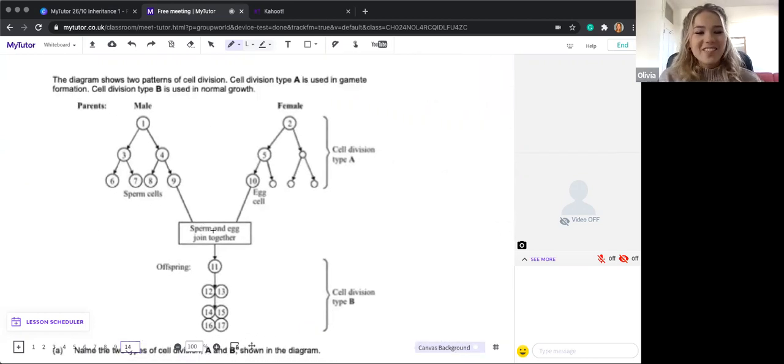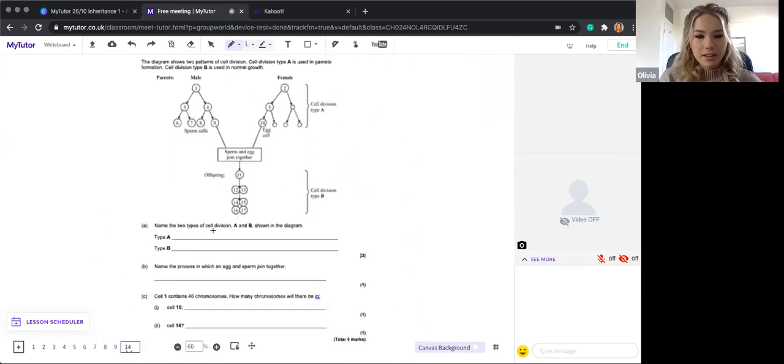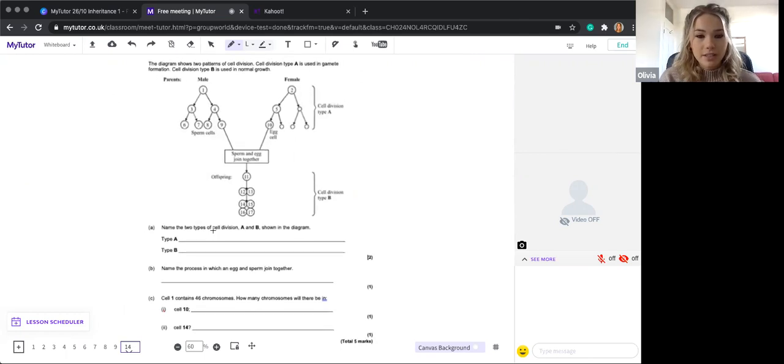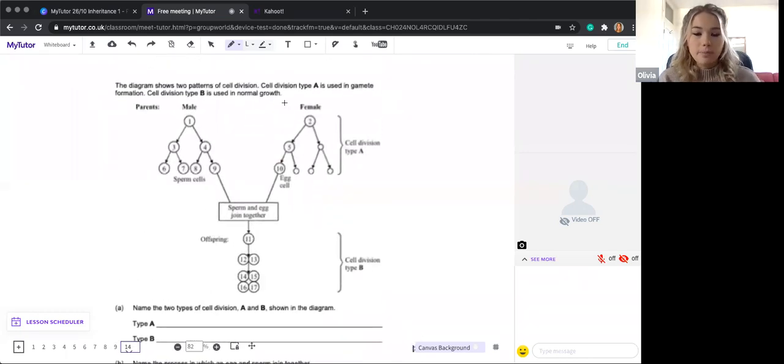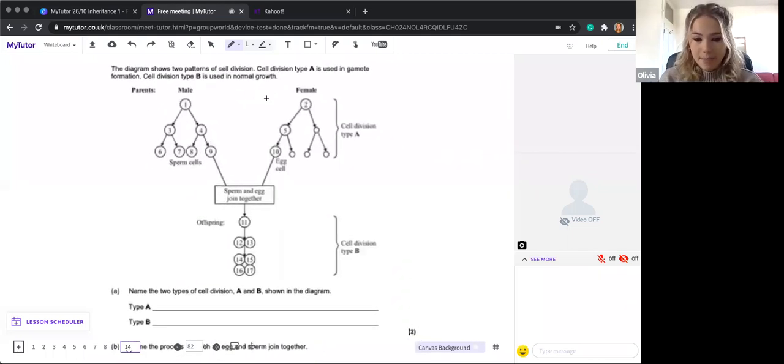Okay, here we go. I've got an exam question which should see if you've understood that. We've got a diagram showing 2 patterns of cell division. Cell division type A is used in gamete formation, and cell division type B is used in normal growth. Name the 2 types of cell division A and B shown in the diagram.